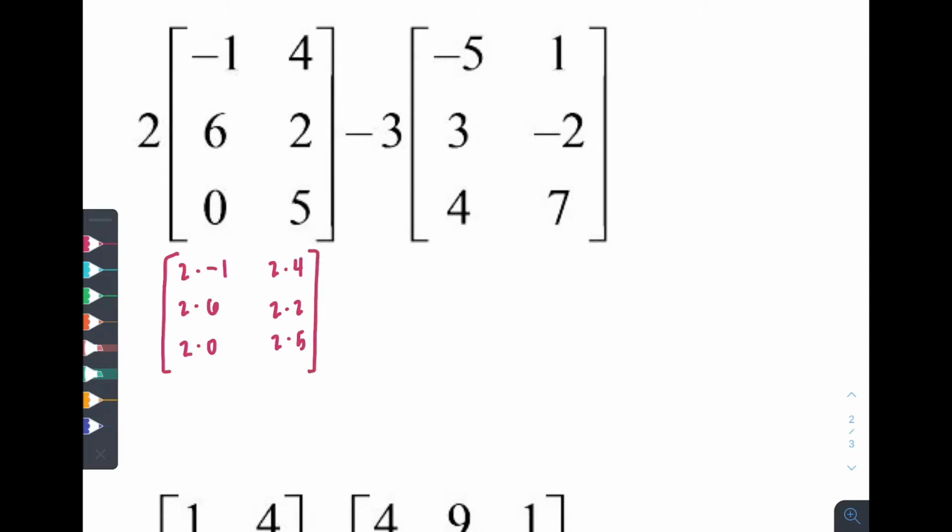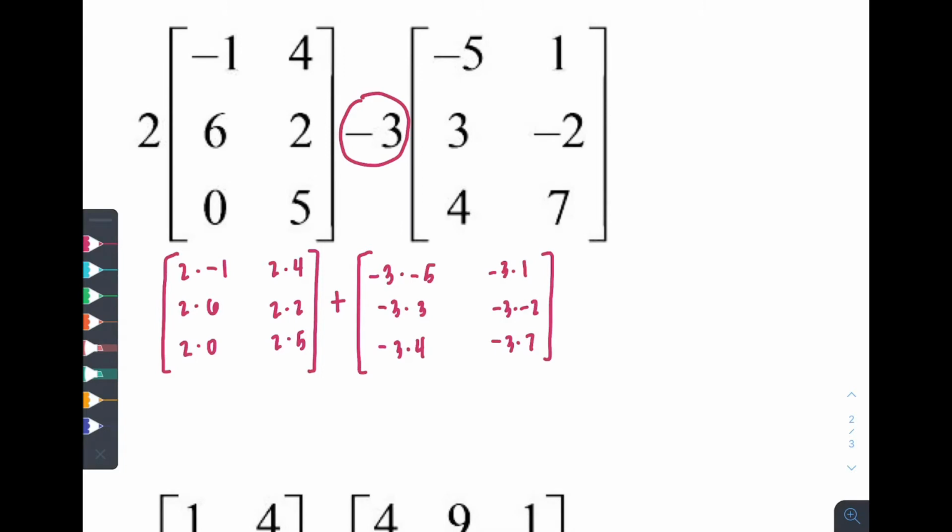And then for this one, I like to do plus and then multiply by -3 all the way through. So I'm going to have -3 times -5, -3 times 3, -3 times 4, -3 times 1, -3 times -2, and -3 times 7.